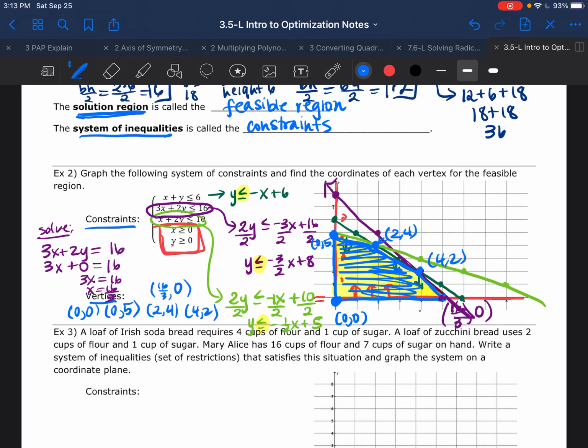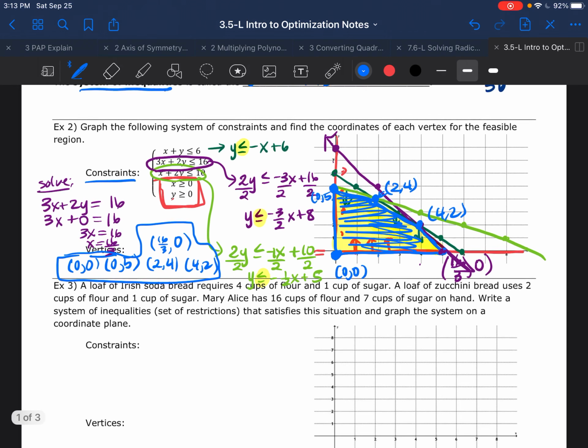And I want to use the fraction because if I write it as a decimal, it'd be a repeating decimal. And so stay away from decimals unless they're like 0.5 or a really nice number. All right, so that's as hard as it can be, is having to solve for a point.